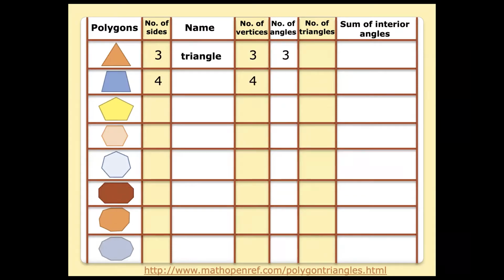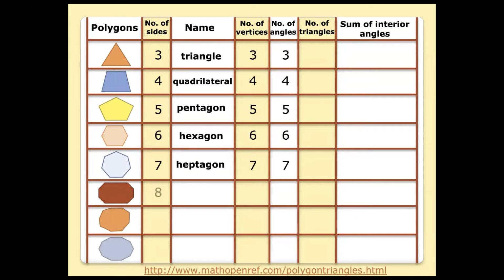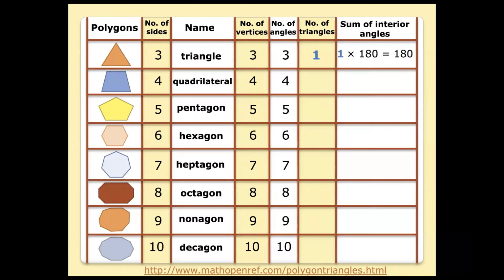I think all of you can find the number of vertices or number of angles, and as we said, the number of triangles inside each polygon, we can find it by the rule n minus 2. So n is the number of sides minus 2 to find the number of triangles inside the polygon. Okay?